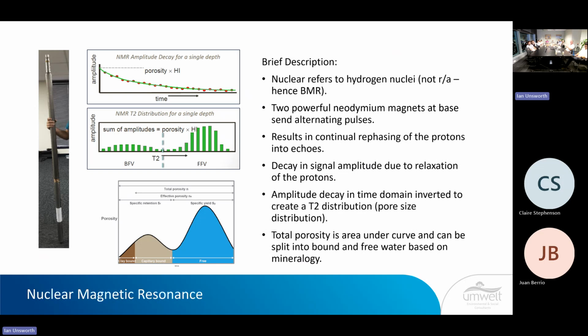On the right is what's movable, and on the left is what's not movable. It can differentiate between clay bound and capillary bound water, but that seems to be a bit of an interpretation thing. It's easier to define between free and bound, but clay bound is a bit more open to interpretation.